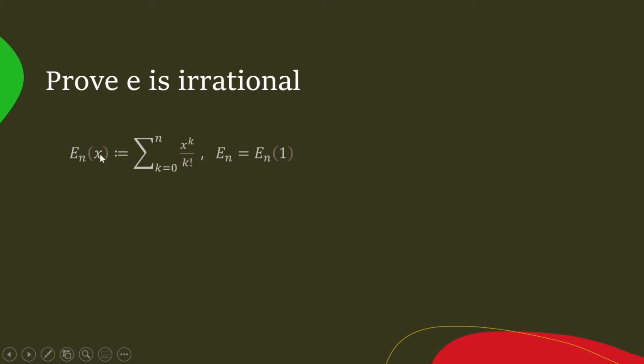And then e sub n is going to be shorthand for e sub n evaluated at x equals 1. If you plug in 1 to the Taylor series expansion, the infinite sum, you'd get exactly e. When you plug in 1 to the nth partial sum, you get some approximation of e.